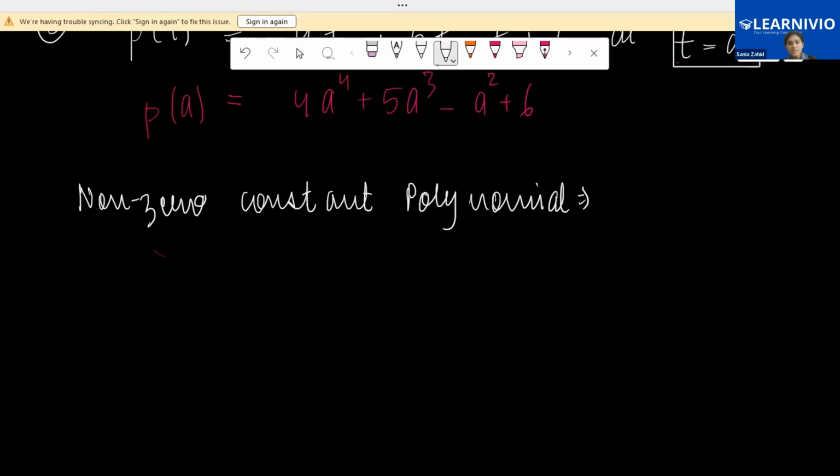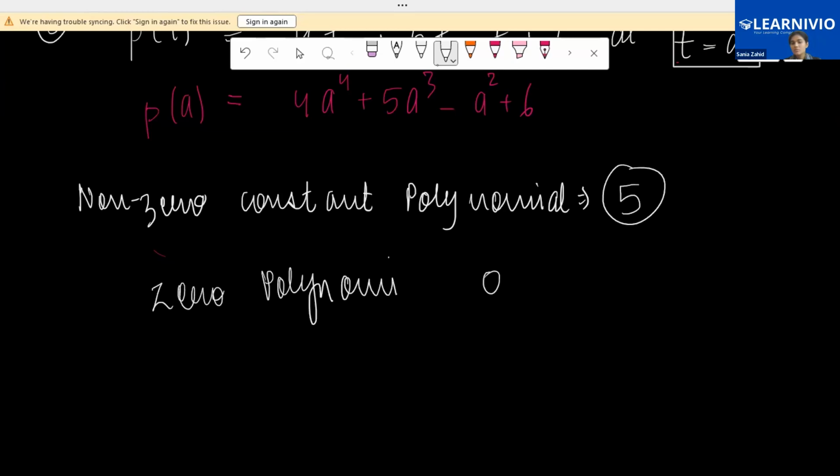A constant polynomial will not have any variables with it. So 5 is an example of a non-zero constant polynomial. And a zero polynomial is 0. We discussed this, right? Zero polynomial is 0 and non-zero constant polynomial is 5, but not just 5, any number. So remember these things.